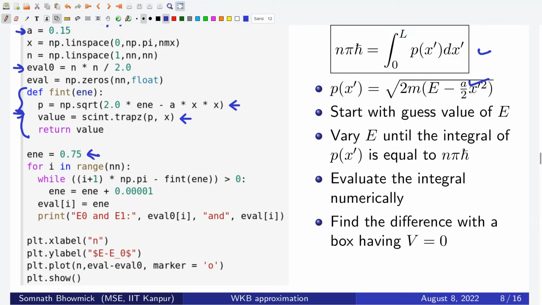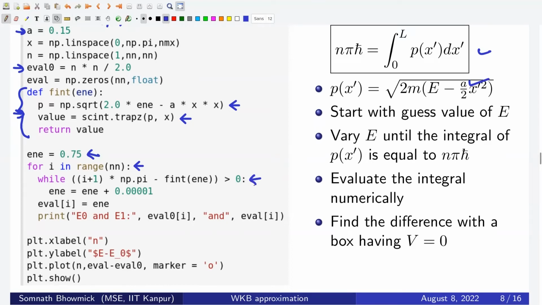The for loop is for getting the energy eigenvalue for different eigenstates starting from the ground state.